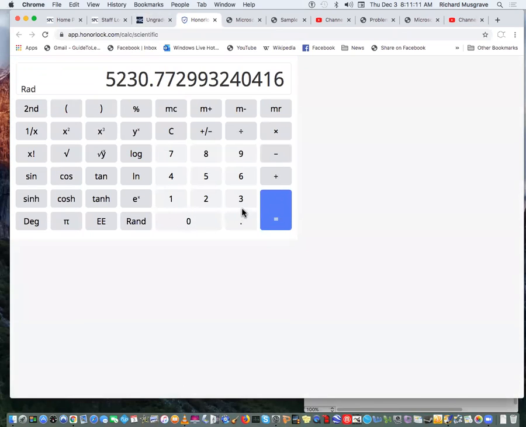Okay, so let's say you want to do log of something. Oops, let me clear this out. No, see, if you put in just log, it's just going to give you an error. So that's not the way you would want to do it.